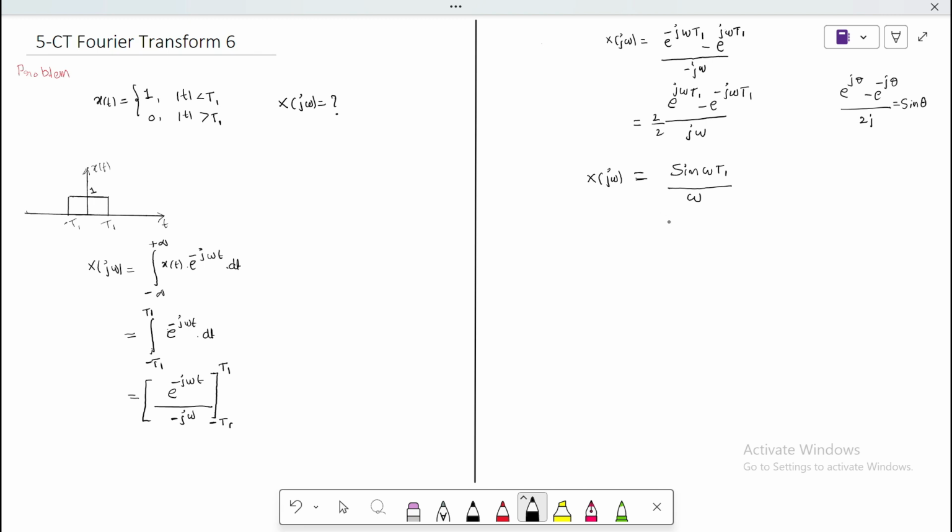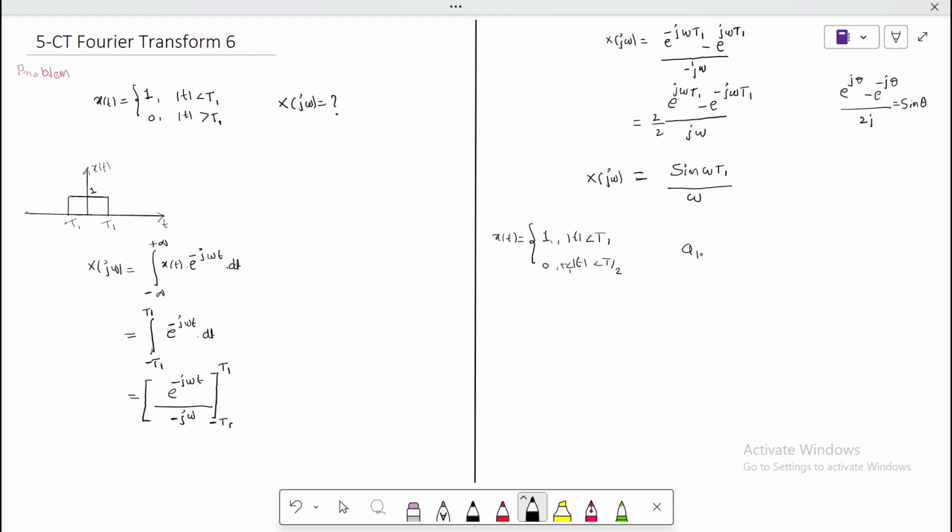It is similar to the Fourier series. I will show you. In the Fourier series formula, x of t is a rectangular pulse train, 1 for mod t less than t1 and 0 for mod t from t1 to T by 2. So this is a periodic signal.